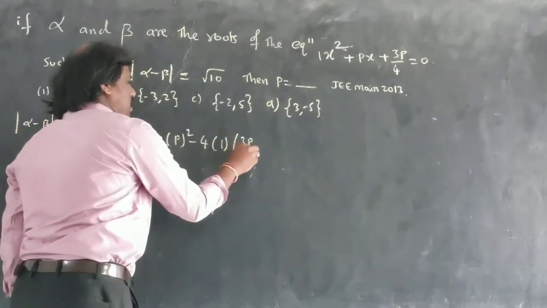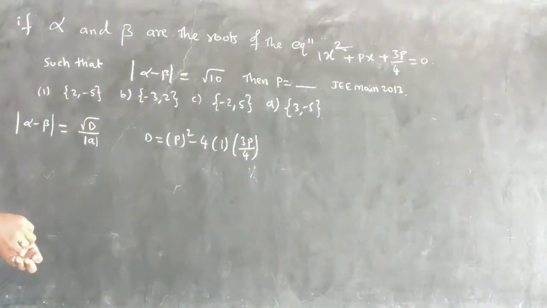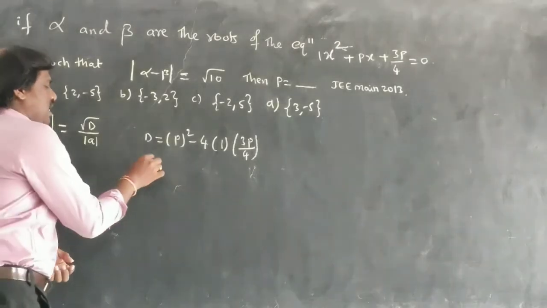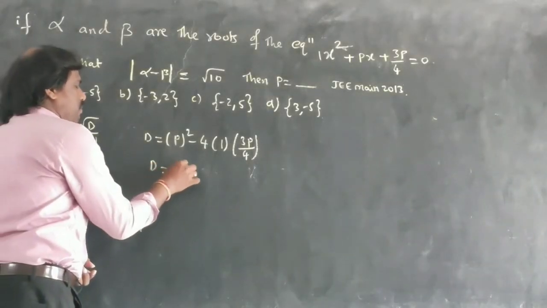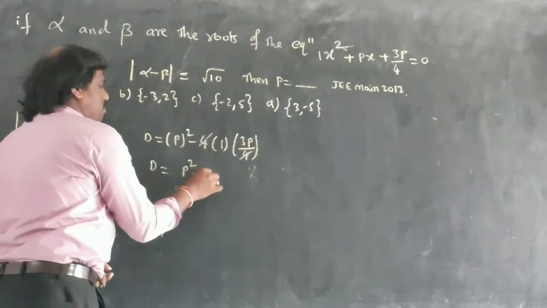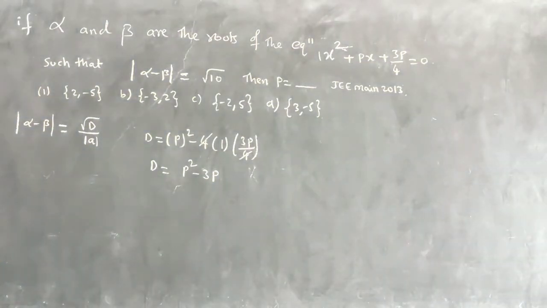So d is equal to p square minus 4 times 3p by 4, the 4 cancels out, so d is p square minus 3p.